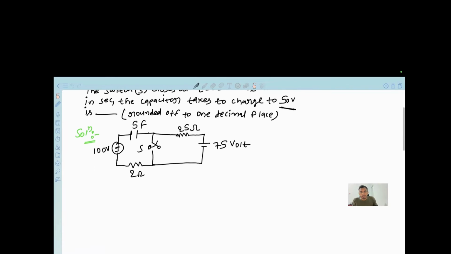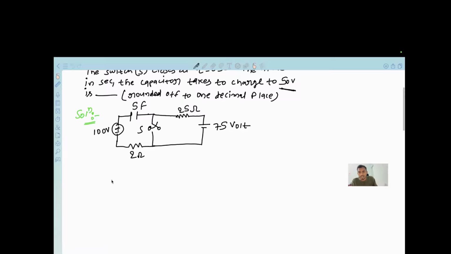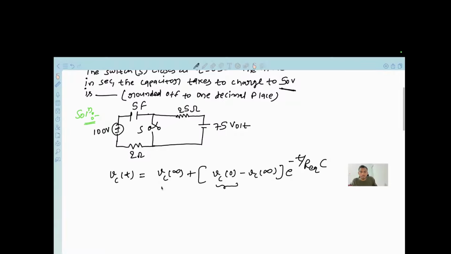So now the capacitor voltage at any time t will be, this is the capacitor voltage at time 0, and this is the capacitor voltage at infinity time after the switch S closes. So we need to calculate two things, Vc0 and Vc infinity.